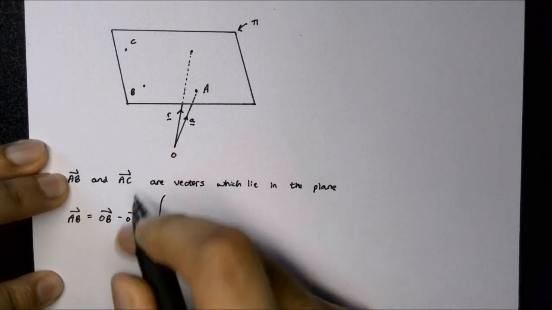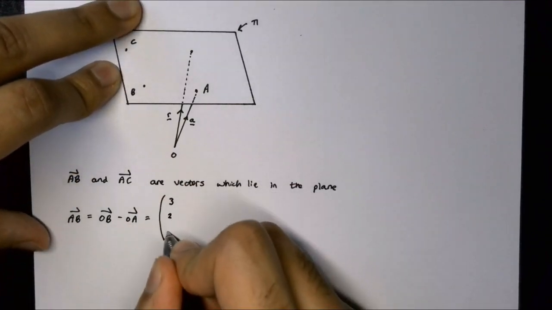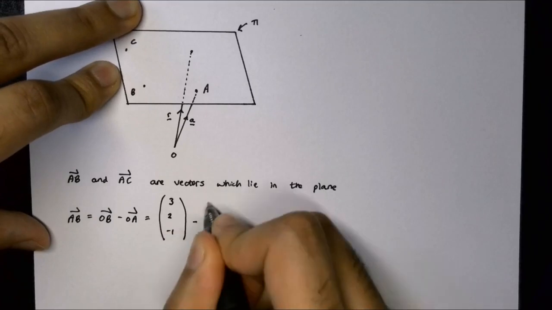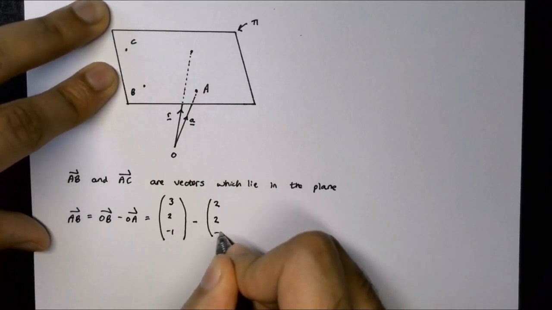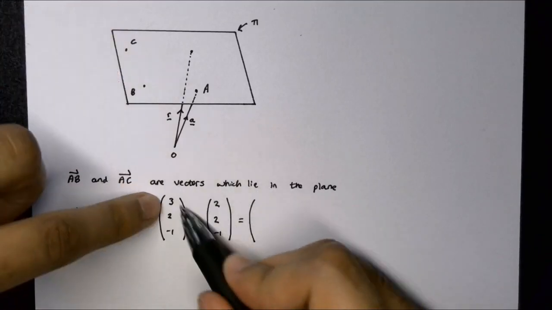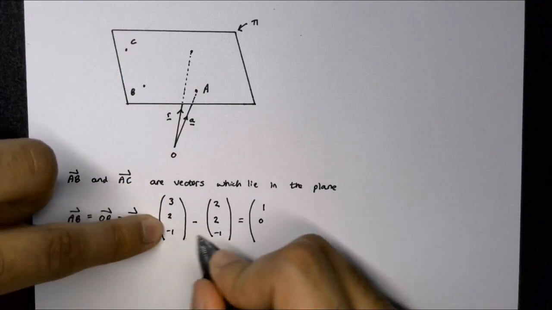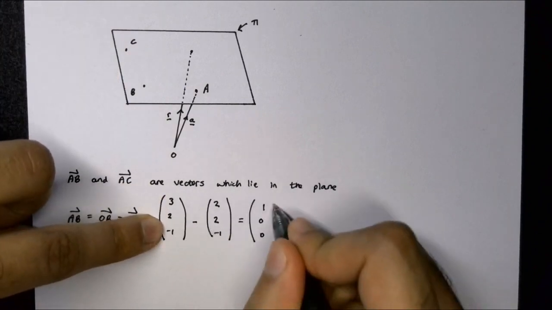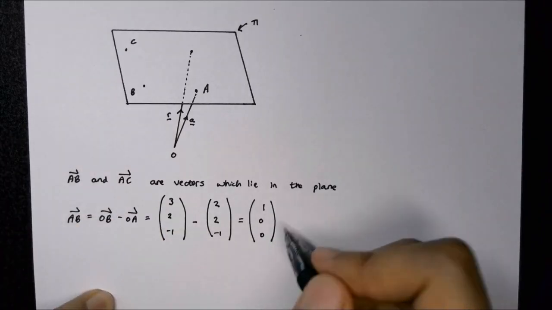So we have the vector OB, which is 3, 2, minus 1, minus OA, which is 2, 2, minus 1. So if we work this out, 3 minus 2, that's 1, 2 minus 2, that's 0, minus 1 minus minus 1, that's 0. So this is the vector AB.